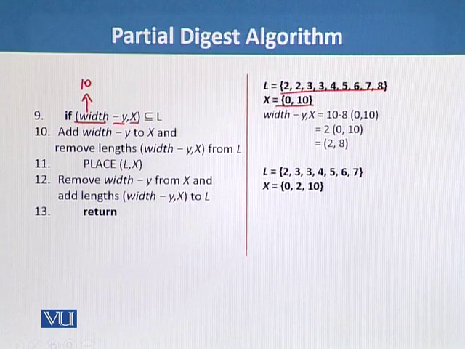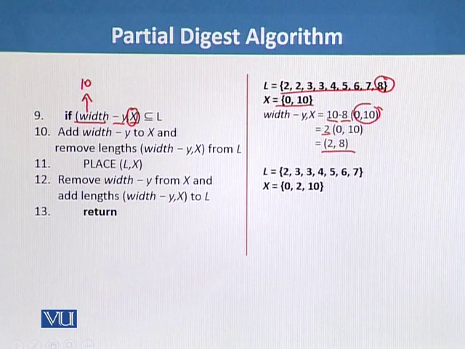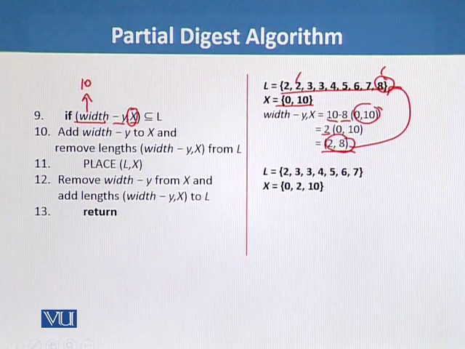Now we will subtract Y, and we assume Y is 8, that is the maximum element now in the L. So we calculate 10 minus 8, which is 2, and after calculating all this we get 2 and 8. So 2 and 8 are present in L. So this is a subset of L.